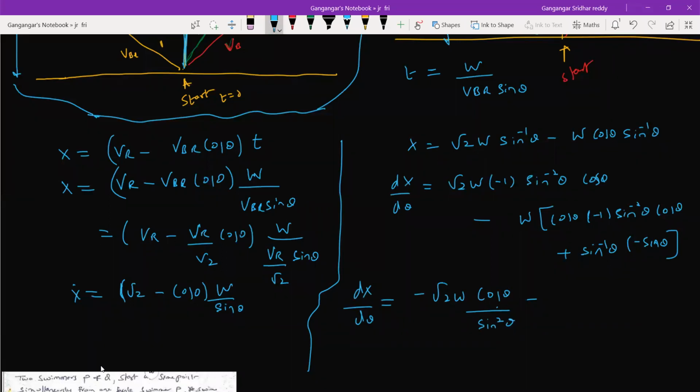Negative of negative, and this will be minus. This will be positive, no? W by cos square theta sine square theta. This will be only W.